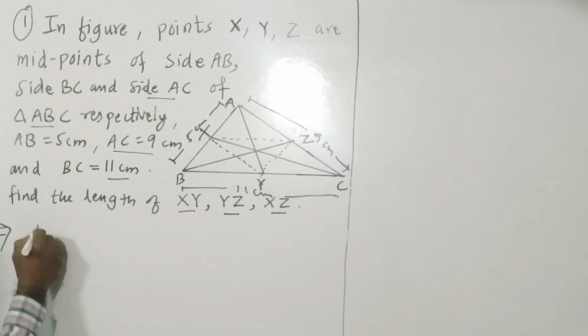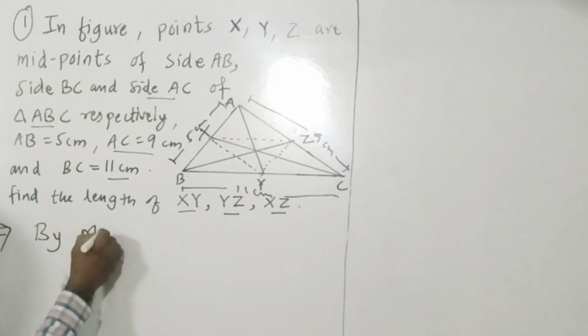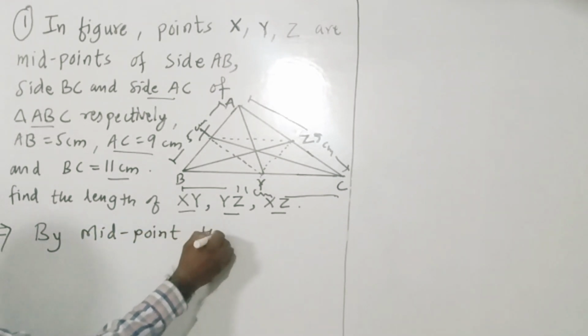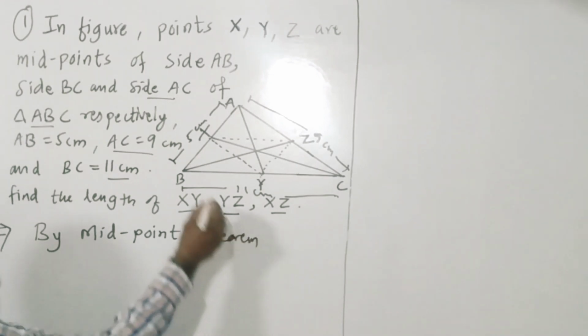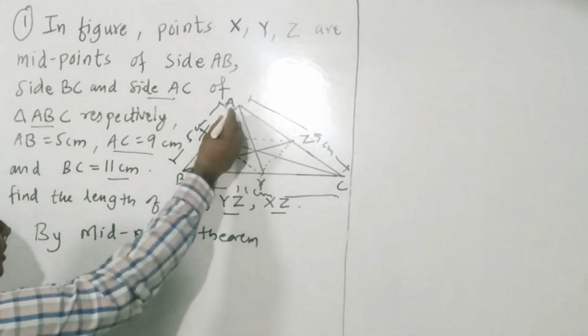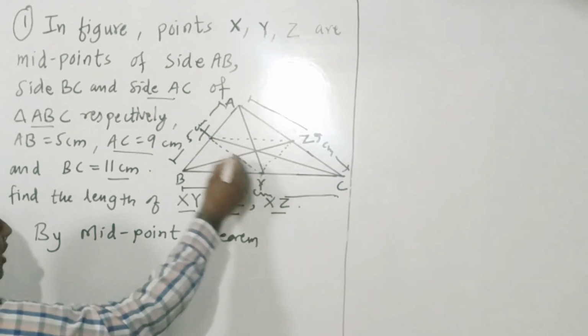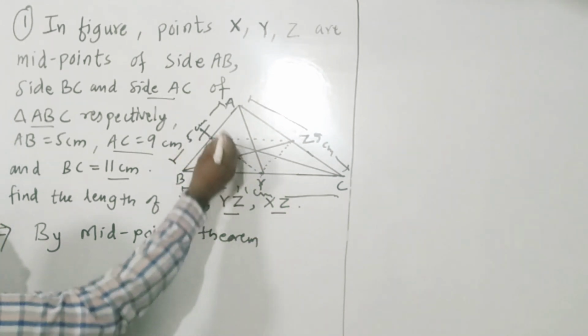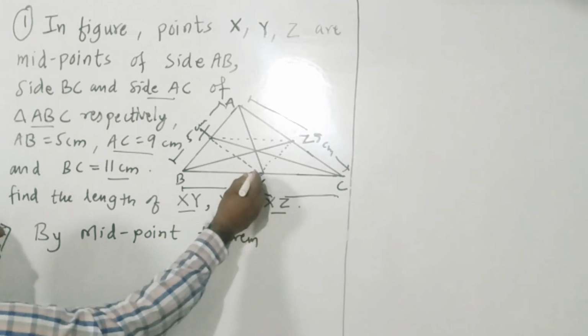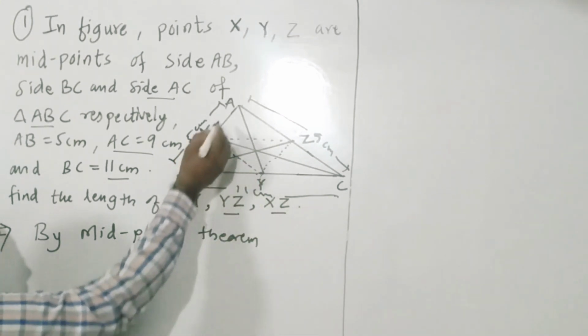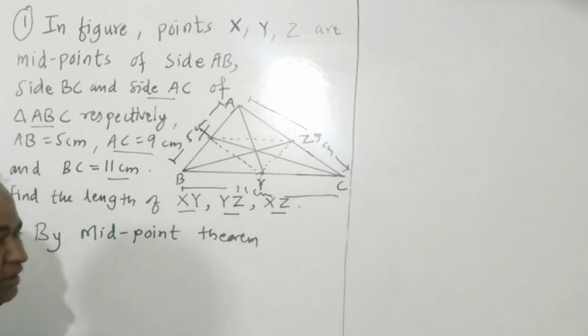So by the midpoint theorem, in triangle ABC, X and Y are the midpoints of sides AB and BC, then the length of XY is half the length of AC.